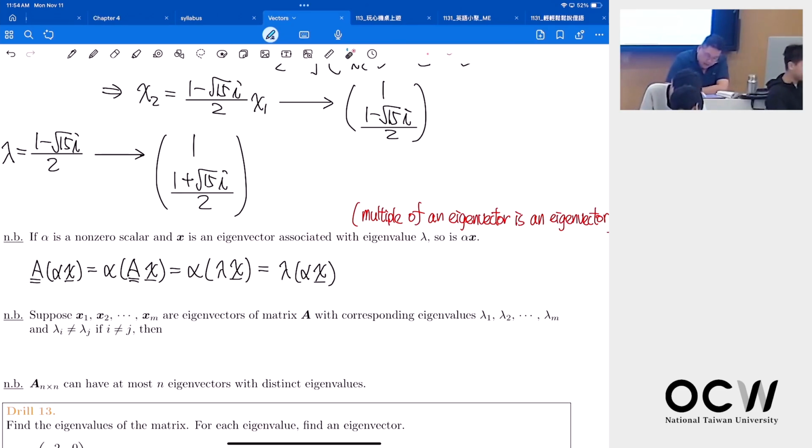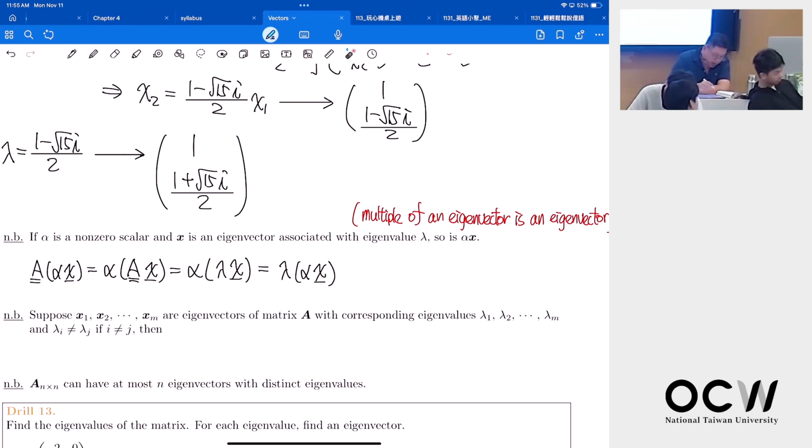Next, if I have m eigenvectors, and for these m eigenvectors, I have their corresponding eigenvalues, lambda 1 to lambda m. And for lambda 1 to lambda m, they are distinct. Okay, they are not the same.